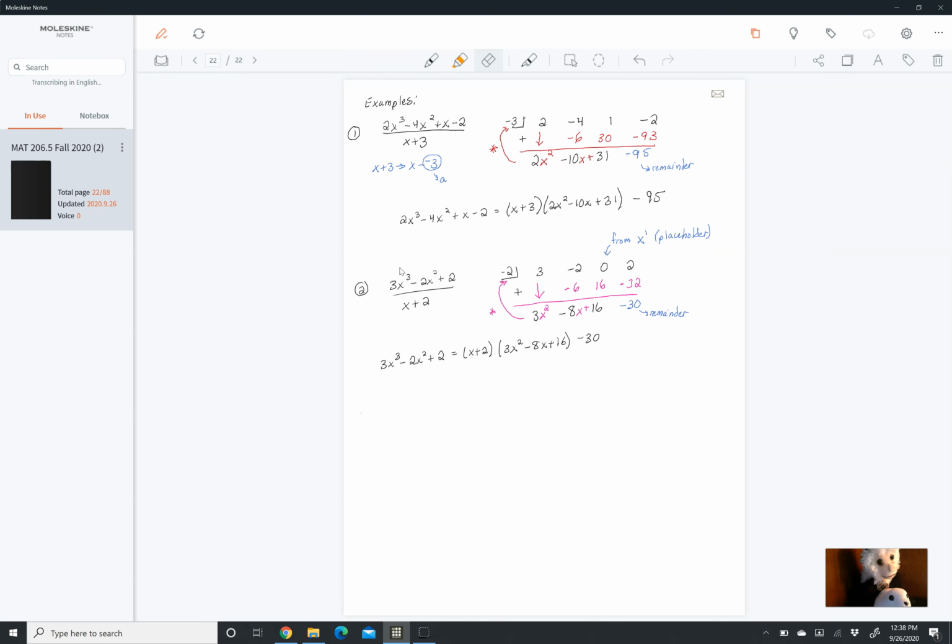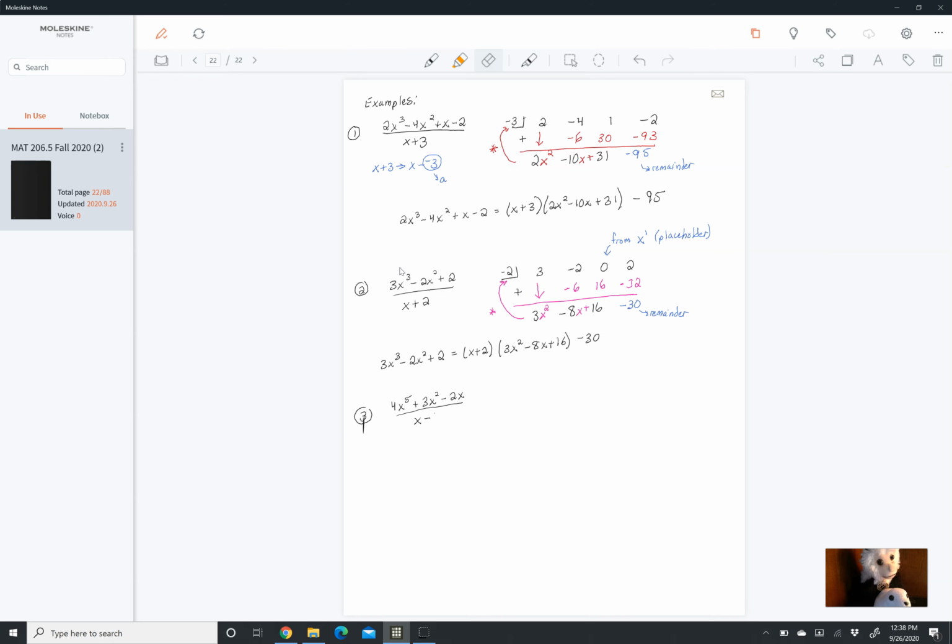Let's do another one. We'll do two more. Let's do 4x to the 5th plus 3x squared minus 2x. And let's divide by x minus, we'll keep the numbers easy.